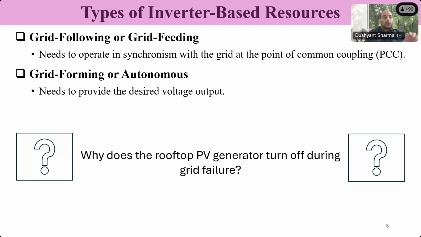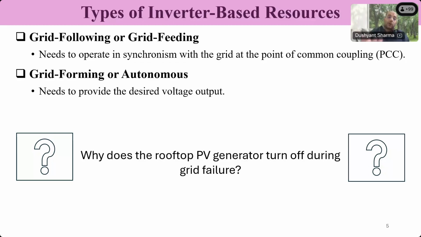So now the inverter output at our home should provide a regulated voltage. Why? Because if the voltage is not regulated, then our home appliances may not work satisfactorily, be it a fan, a light, or any other thing. So now the inverter's task is to regulate the voltage, not the current.